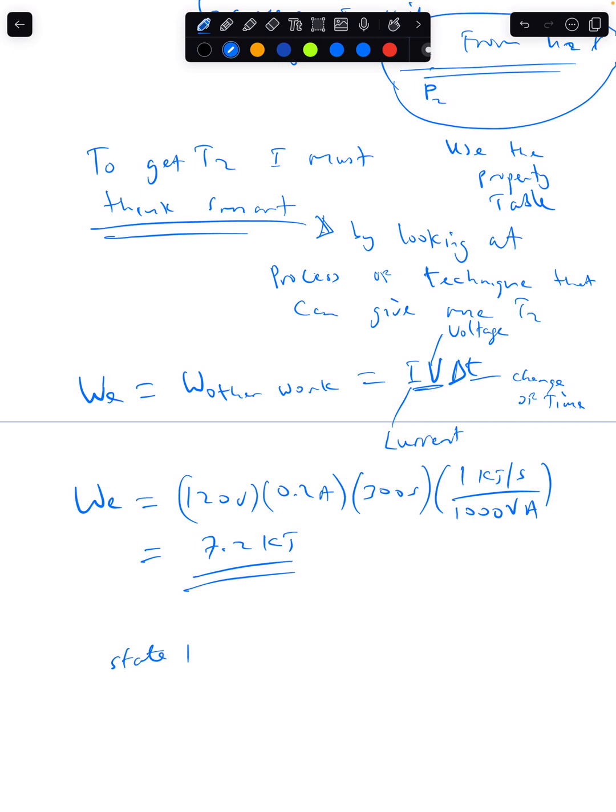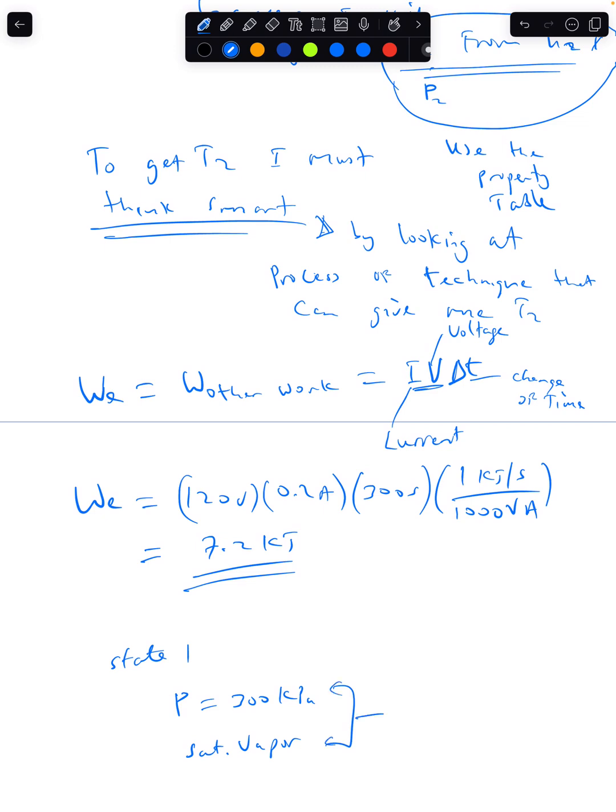For that state 1, I have the pressure, which is equal to what? 300 kilopascal, and the fluid is saturated vapor.